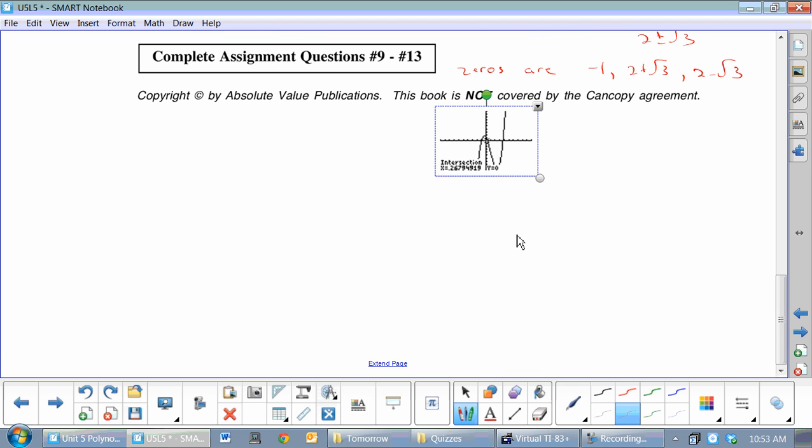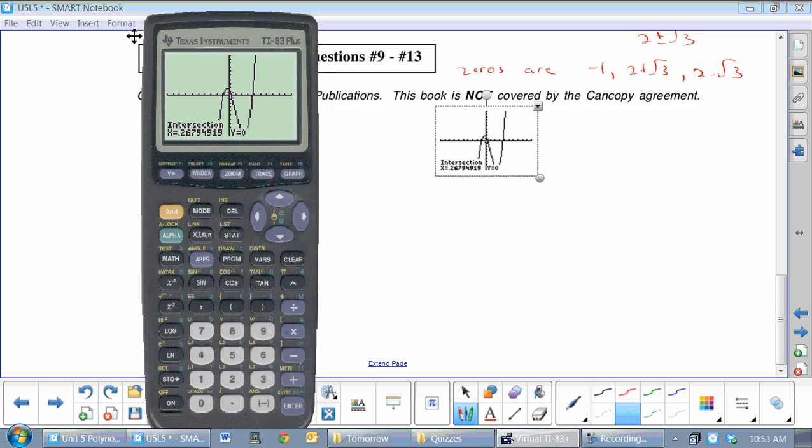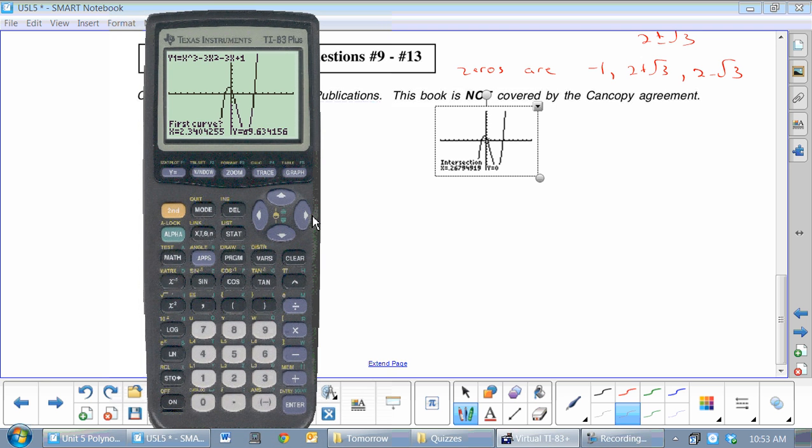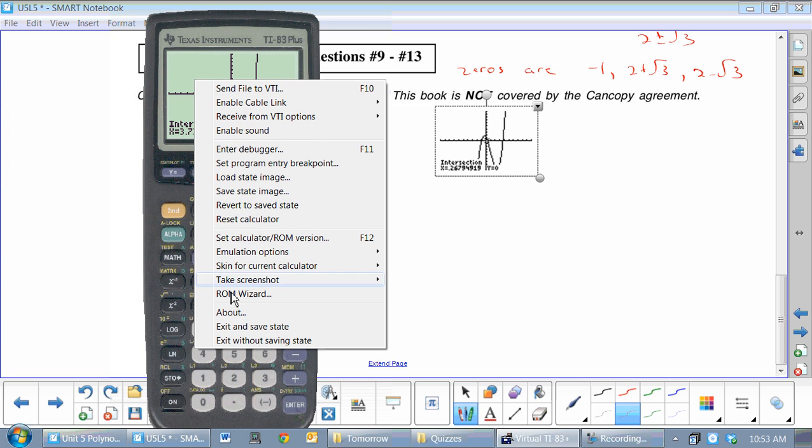Okay, so that's that one. And then go back to here. I'm going to go second trace there. I'm going to hit 5, intersect again. And I want to get over here and get that one. Enter, enter, enter. Okay, 3.73.